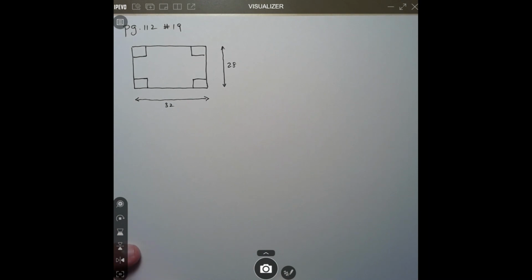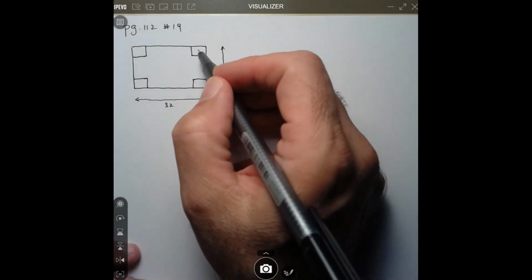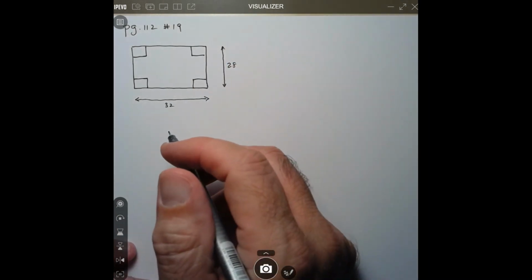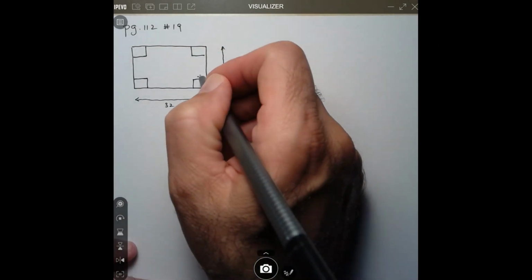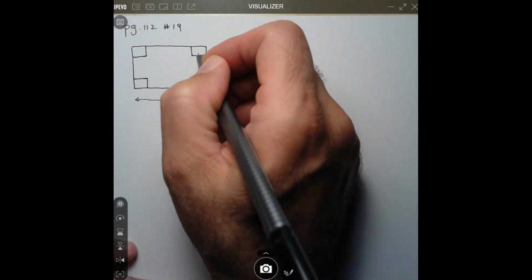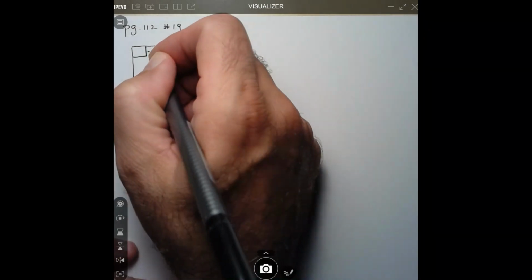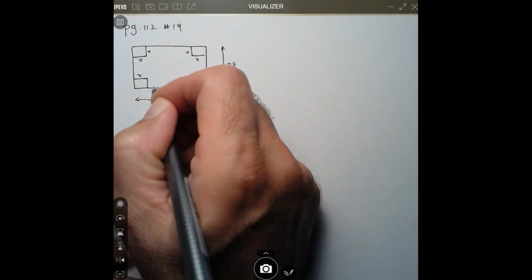As we talked about, what I don't know is how big a square I'm cutting off. But because it's a square and they're all the same, I can call this length x, and this would be x, and this would be x. Each of these side lengths would be x.